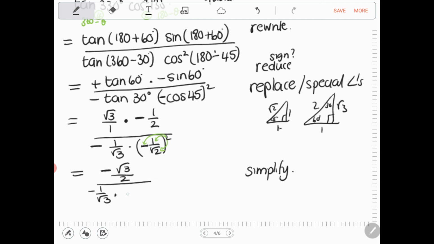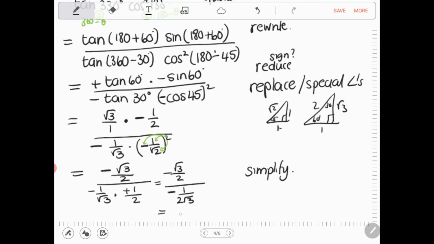So we're going to have a positive 1 over root 2 squared is 2. Okay, so there's the top. Need to finish by multiplying the bottom. Negative times a positive is a negative. 1 times 1 is 1. And this is 2 times root 3.